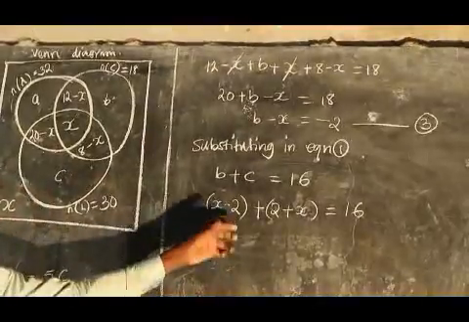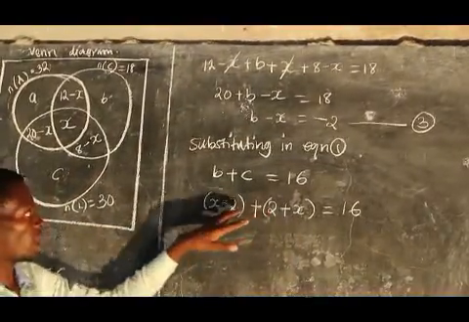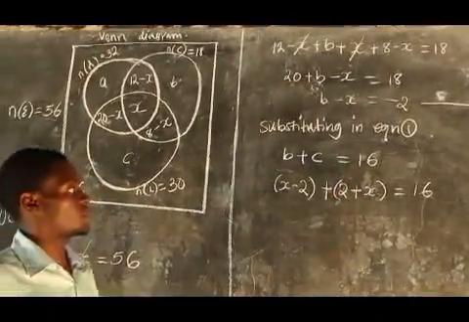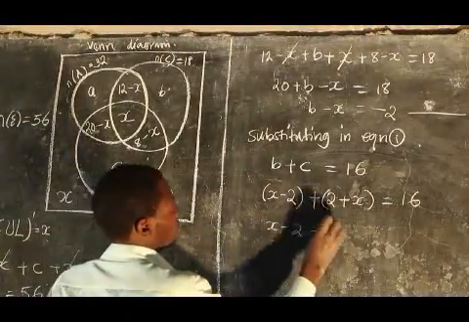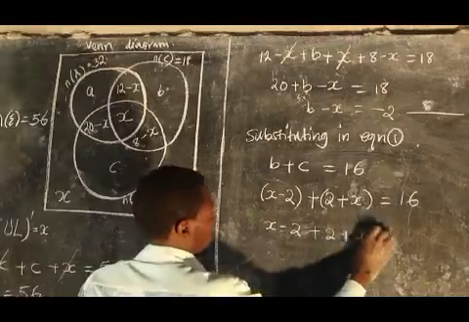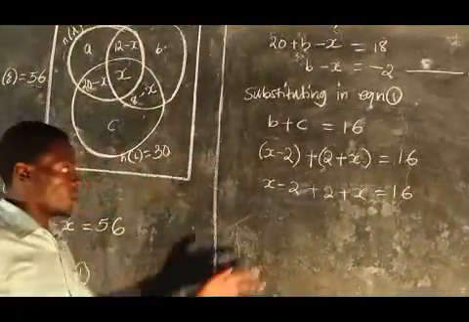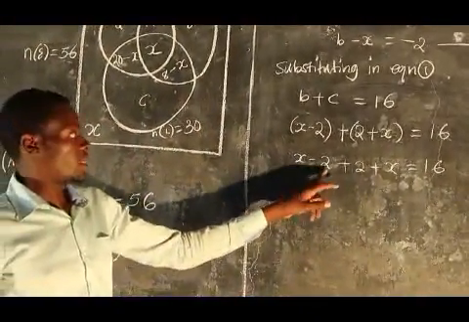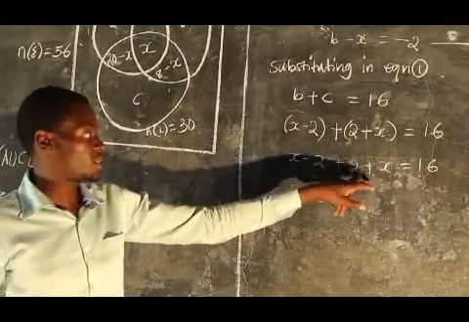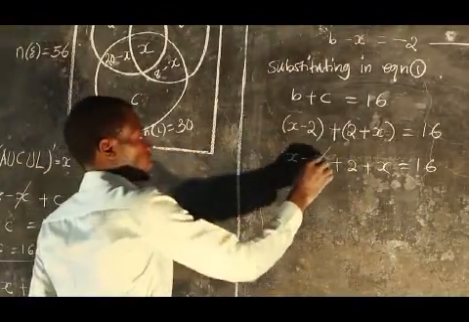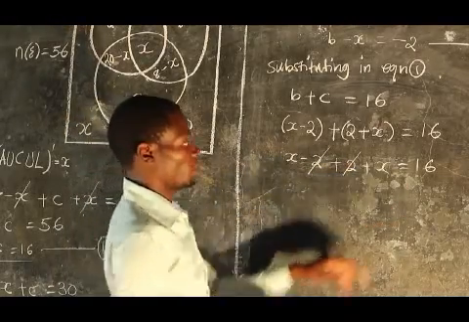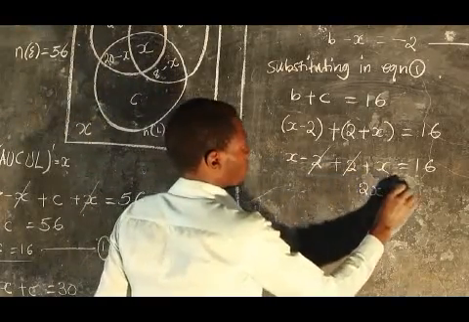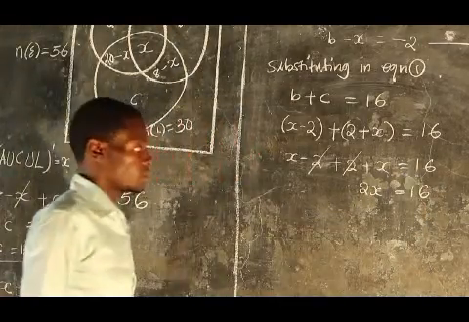Now from there, we have these 2, which we have substituted in positions of b and c. So this one is x minus 2 plus 2 plus x equals to 16. We can easily see that this is negative 2 and this is positive 2. So these ones are going to cross out, and x plus x, you're going to have 2x, which is going to be equal to 16.